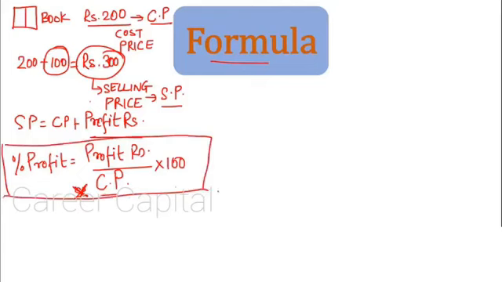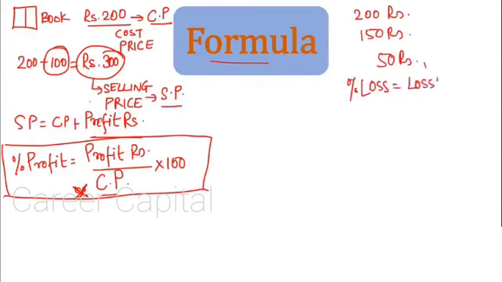Same way, you know what is loss? Loss means, for example, if you have a book for 200 rupees and you sold the book for 150 rupees, that means you took a loss of rupees 50. Then what is percentage loss? That would be loss in rupees divided by cost price multiplied by 100.